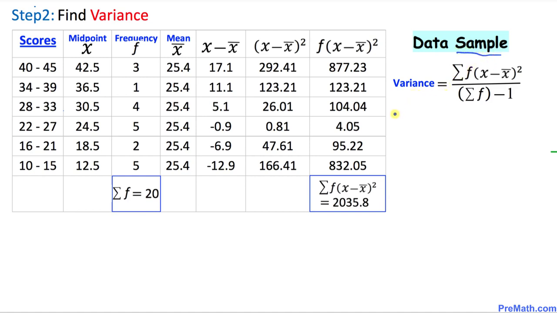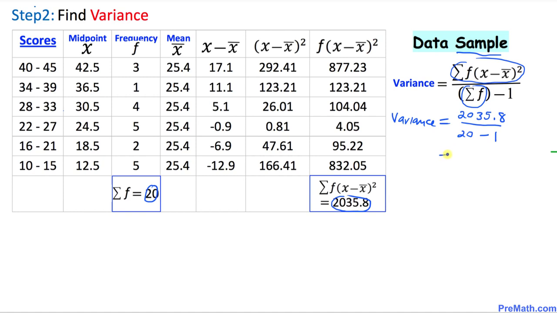So let's go ahead and calculate the variance equals, on the numerator, this thing you can see is the same as this quantity. Let's put it down. So that is 2035.8 divided by sigma of f, in our case 20, minus 1.